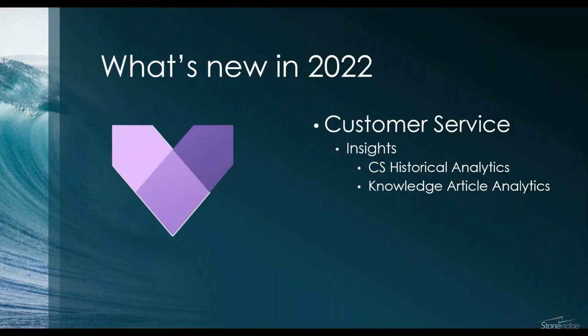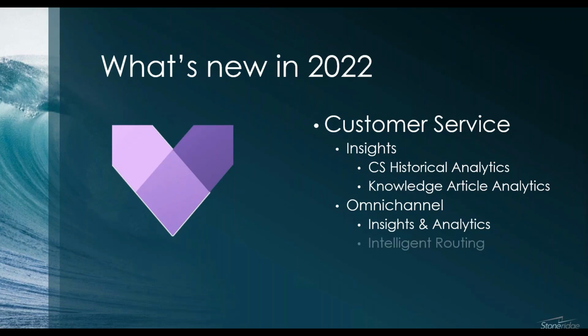So you're going to be able to go in and identify which of those knowledge articles are working or search terms specific. So that's a great addition to the customer service package here. And then within Omnichannel, you're getting the same thing. So you're getting insights and analytics around your intake and channel efficiency. So call metrics. So another great reporting tool there.